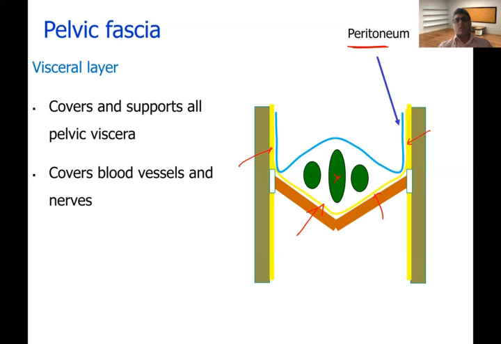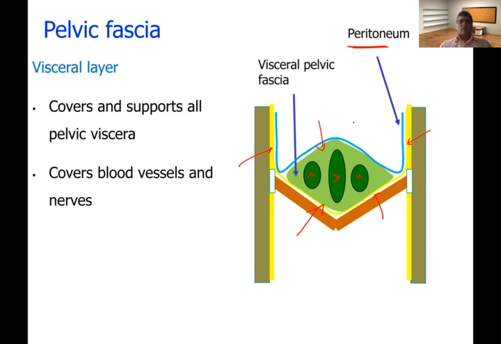These are pelvic organs which are subperitoneal. Now if you fill the gap between the peritoneum above and the parietal pelvic fascia below and lateral, the gap between these and the pelvic organs, this light green area is actually the visceral pelvic fascia.